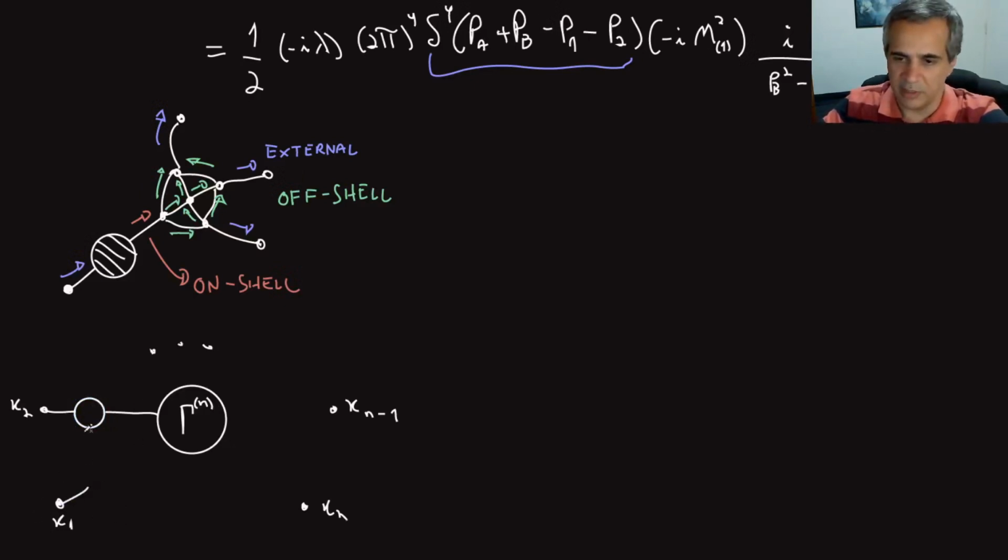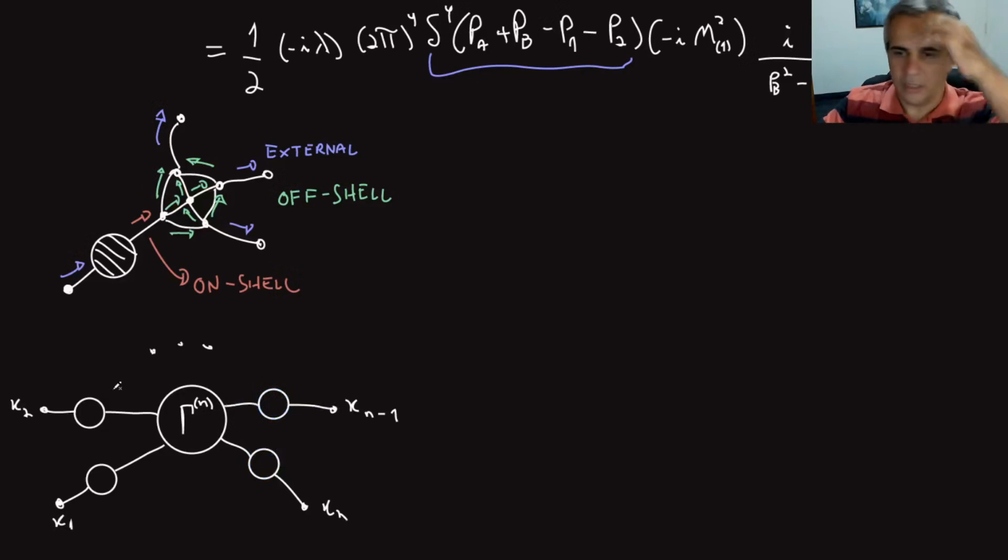I can do the same here. I can do the same here. And here. And you have other legs, in which for all of them I can do the same separation. So essentially my statement here is that I can write any diagram in the theory like that.